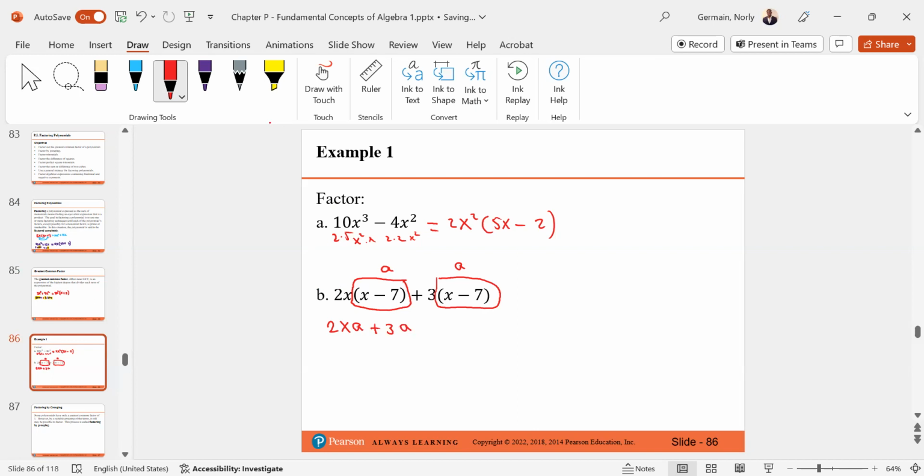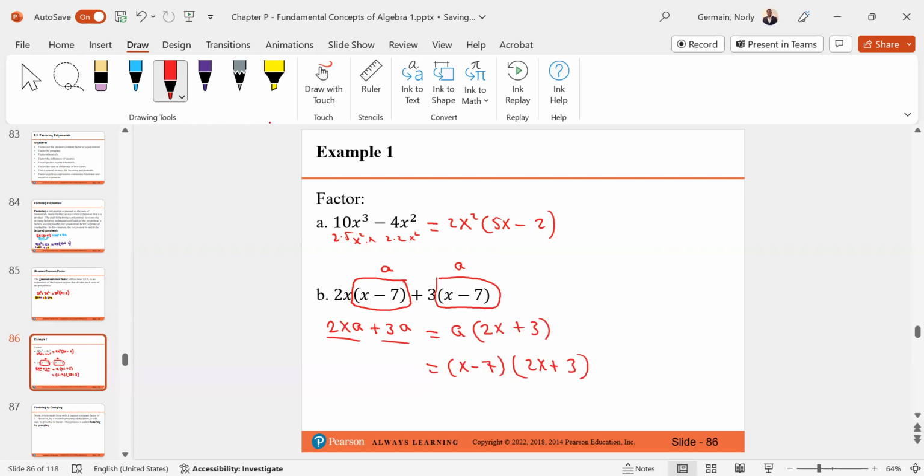What is the common factor between this and this? Yes, that's A. So A times, from the first term, we have 2x left. From the second one, we have 3 left. Now, what is A again? A is x minus 7, parentheses. So we factor the greatest common factor. The greatest common factor between these two terms is x minus 7.